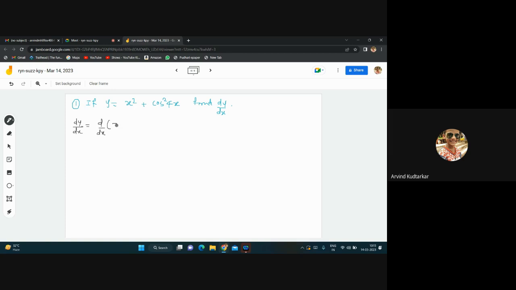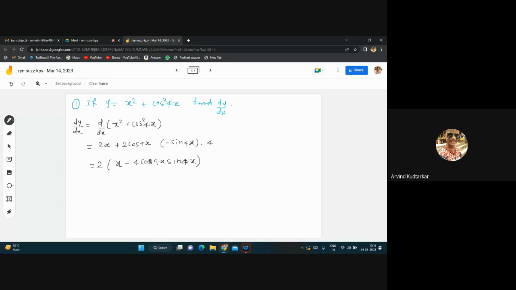So what is the derivative of 4x? It is 4. So what is common to both? 2 is common, take it outside. So 2 times x, plus, and this minus becomes minus 4 cos of 4x into sin 4x. Okay.